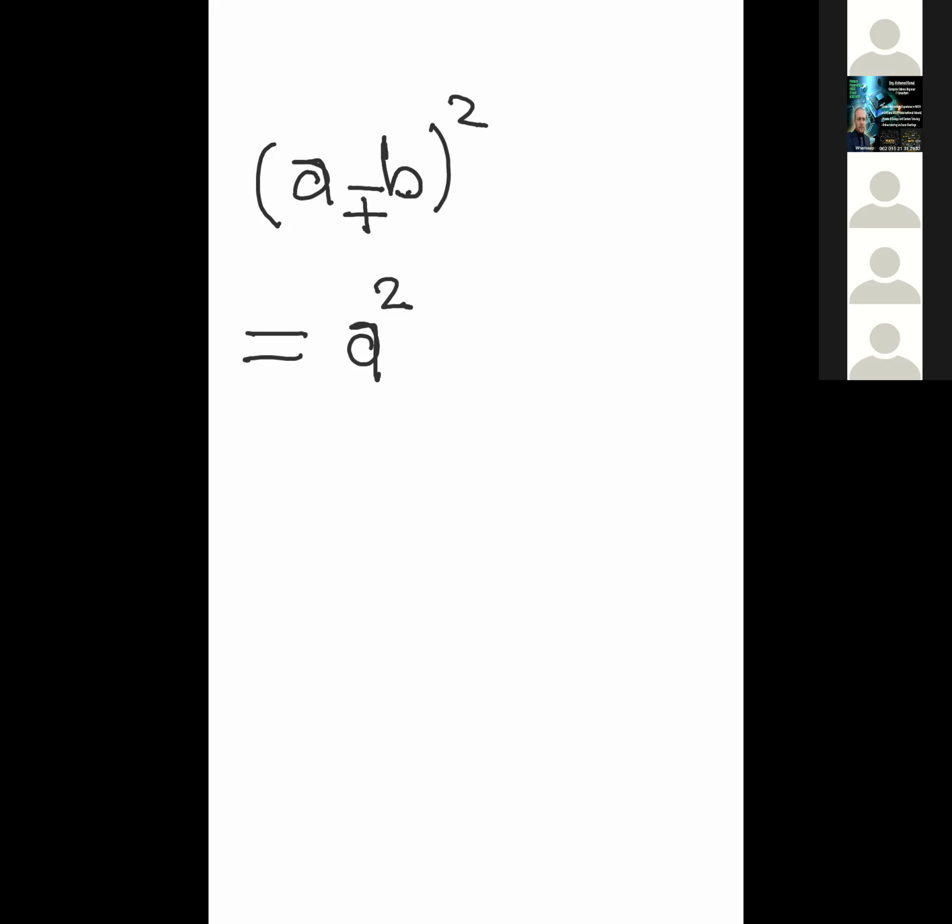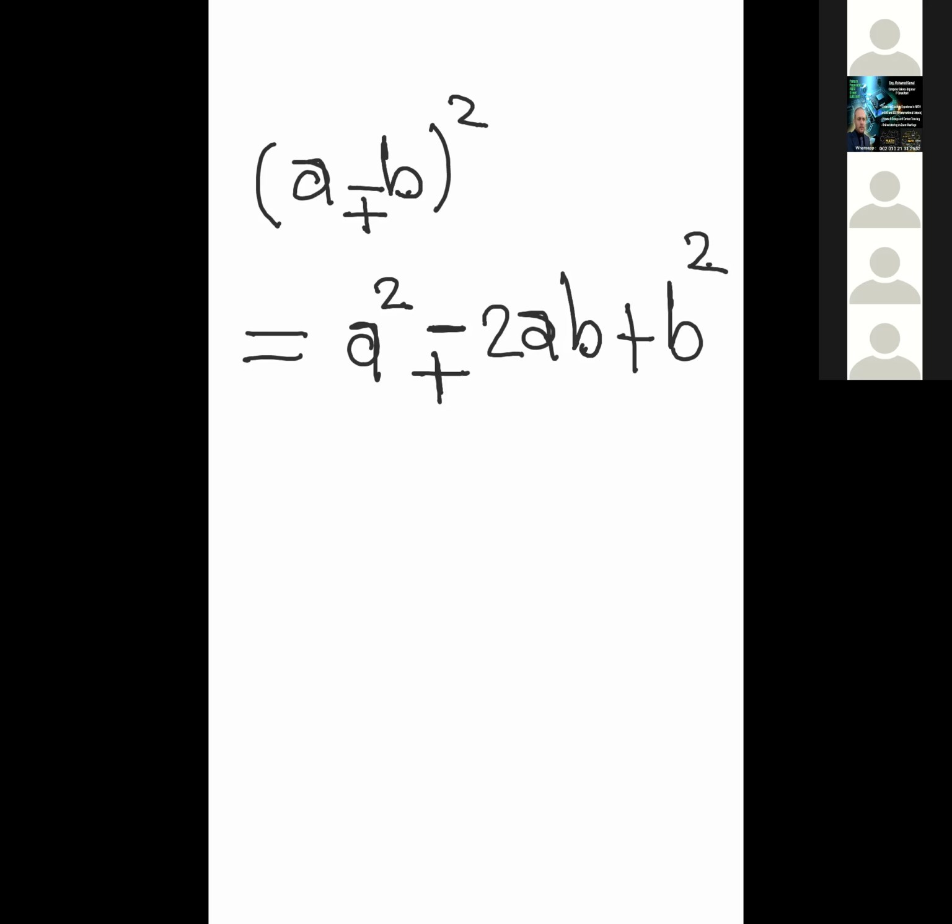Then if it's a negative, so negative. If it's a positive, so positive. This is the only difference. Then 2ab, which means 2 times the first times the second term. Then positive second term squared.